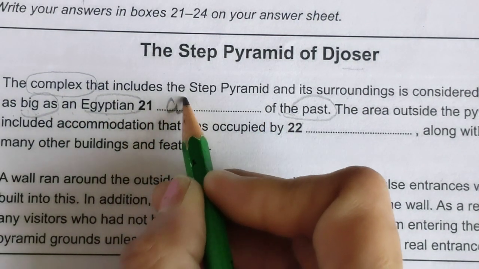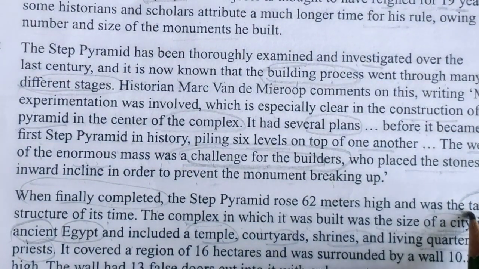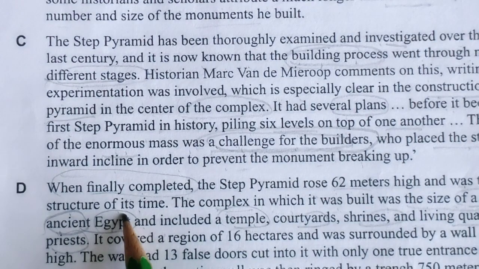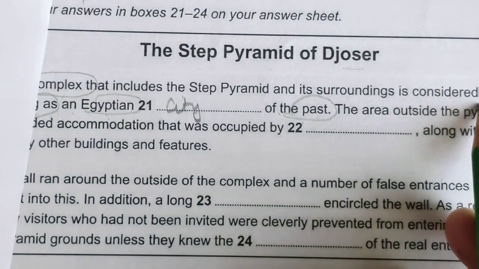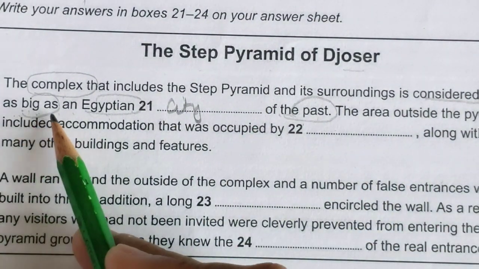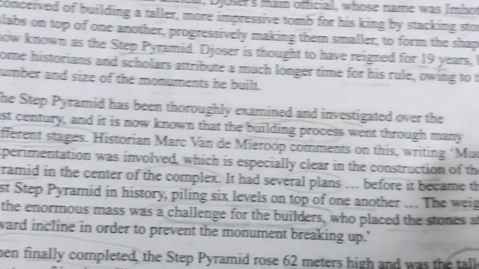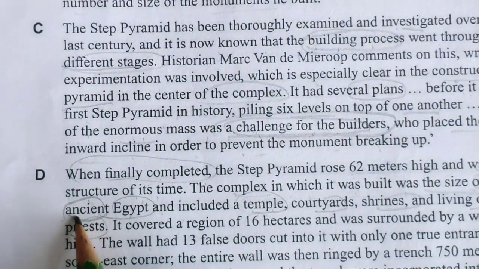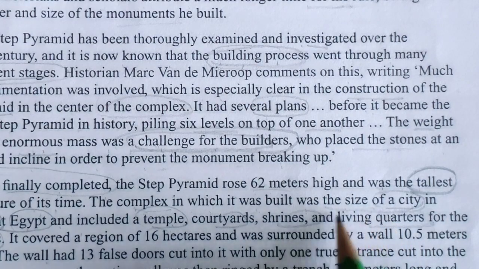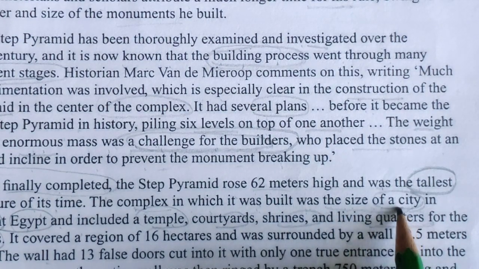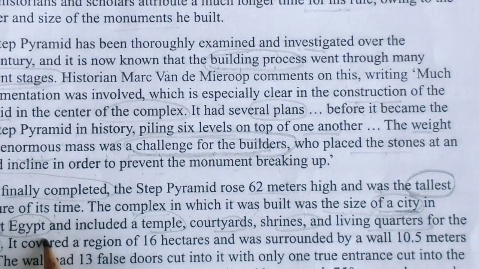You can just put here city of the past. Let's look at this. Was the tallest structure of its time, because they have given is considered to be big as an Egyptian of the past. So for past they have given ancient. So what we can fit: it was built was the size of a city in ancient Egypt.